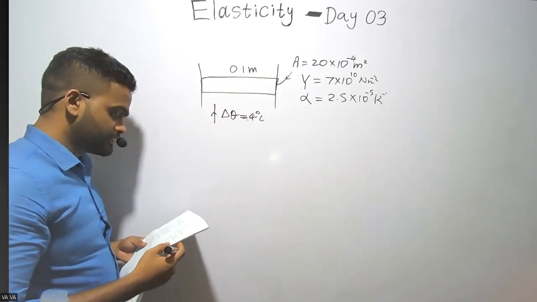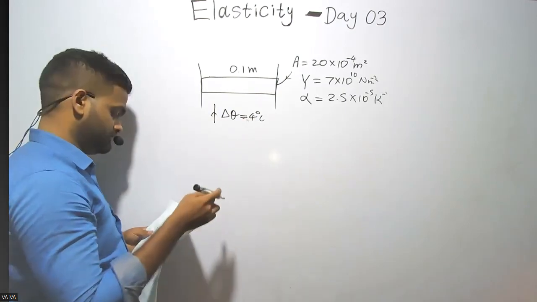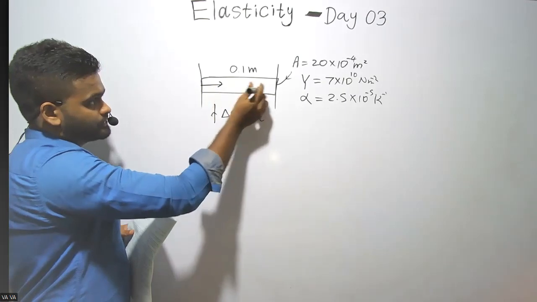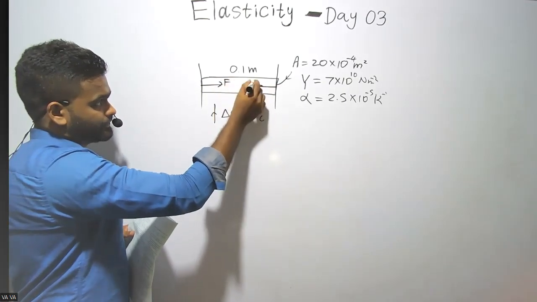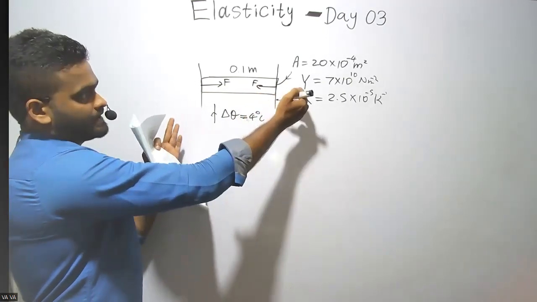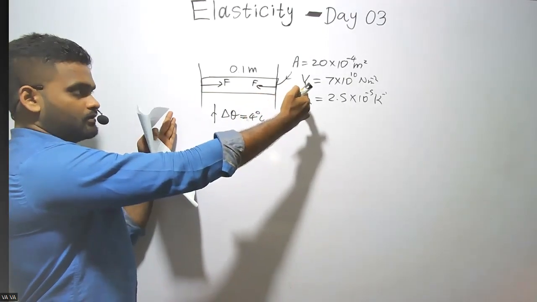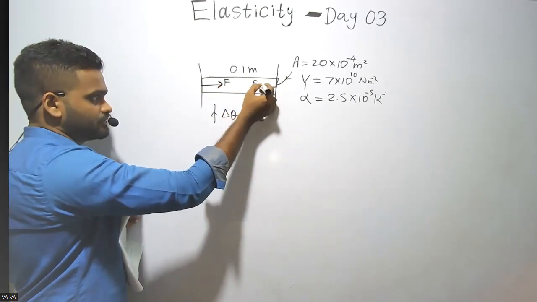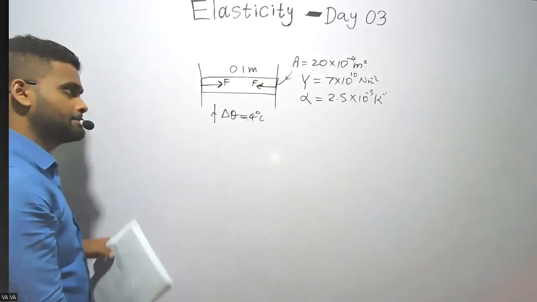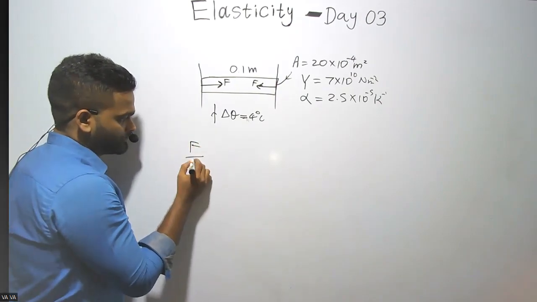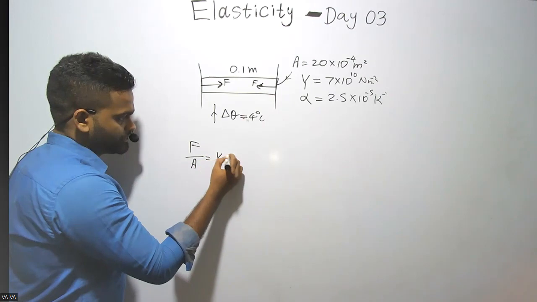So what they ask is the force created by the rod on the walls. The rod is trying to extend, and as a result the walls are compressing it. So what they ask is these compressive forces, actually F. I'll just use this equation.